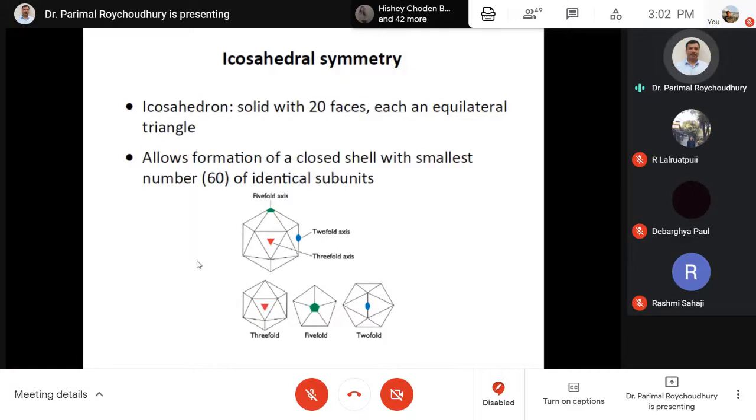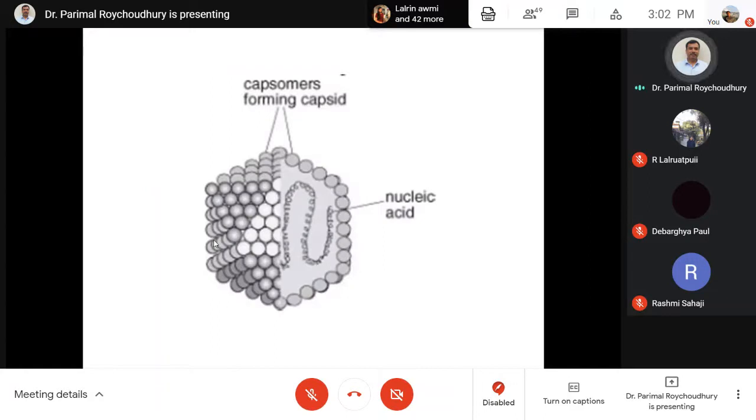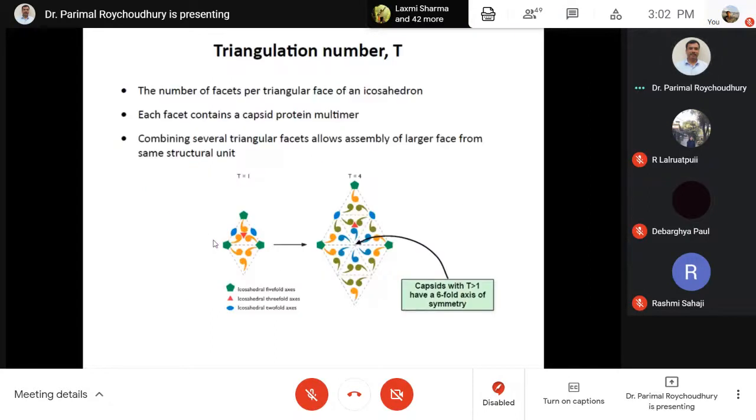An icosahedron is a geometric structure which is composed of 12 vertices, 20 faces of equilateral triangles, and 30 edges. So this is the basic icosahedral symmetry. The icosahedral viruses assemble in this particular fashion. So here you can see the icosahedron.